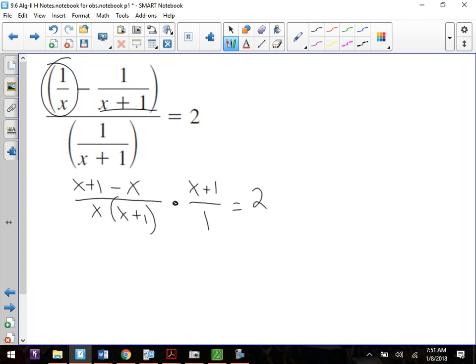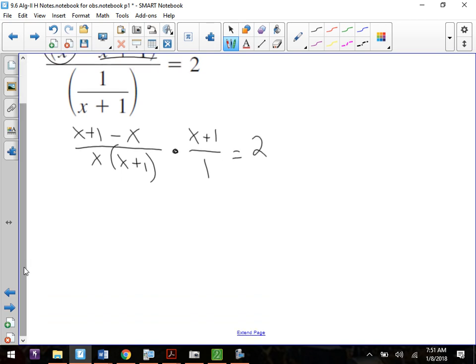As you go through this, you'll notice that some of it works out rather cleanly. These two drop out. You have 1 over x times x plus 1, which means that goes away. And then you have fraction equal fraction.